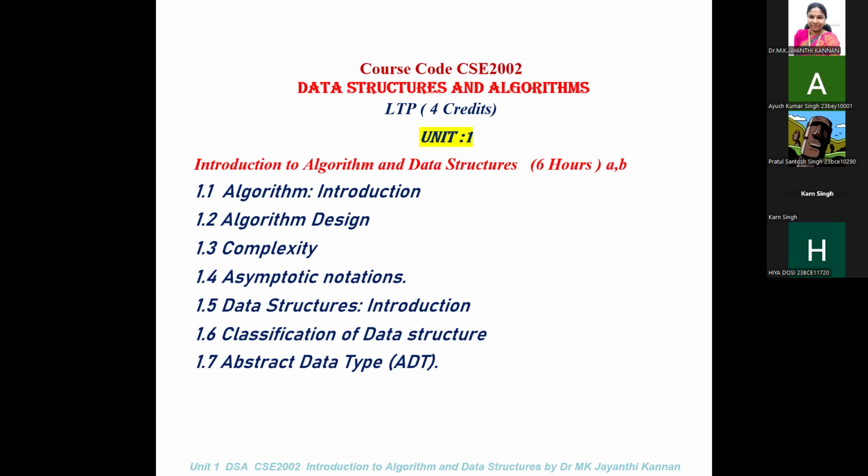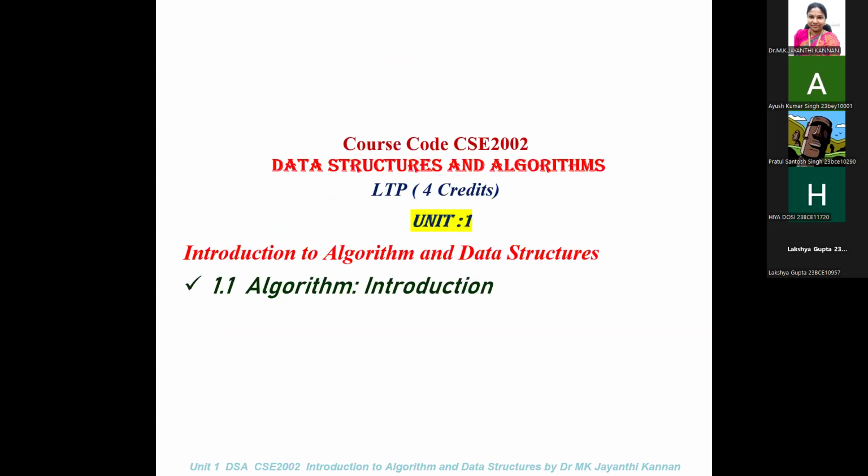Okay, so in unit one, we have the following topics. What is algorithm? Introduction to algorithm, algorithmic design, complexity of the algorithms, asymptotic notations, data structures, introduction to data structures, and classification of data structures and abstract data types. So these are the topics we are going to discuss.